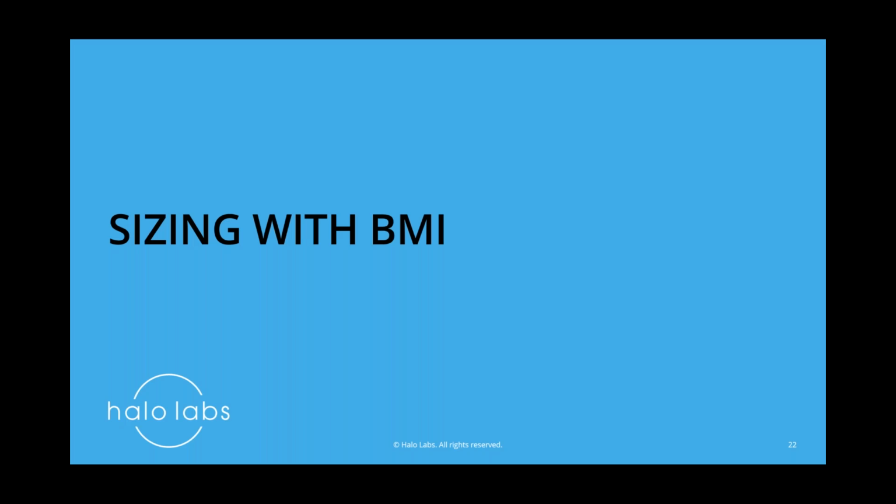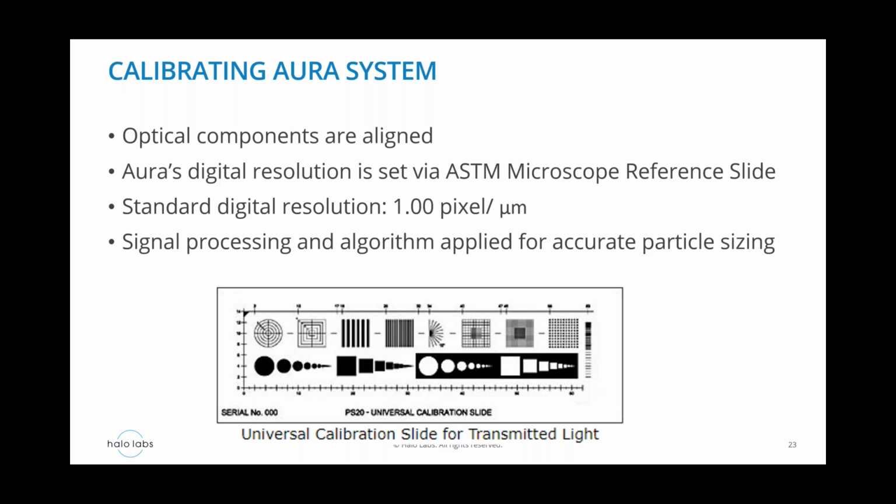So we're talking about the USP, so let's start with some sizing. The way we calibrate the system's digital resolution is with an ASTM universal calibration slide. And these are how most microscopic systems are calibrated. This allows us to set our digital resolution, how many pixels are necessary to measure a given size.